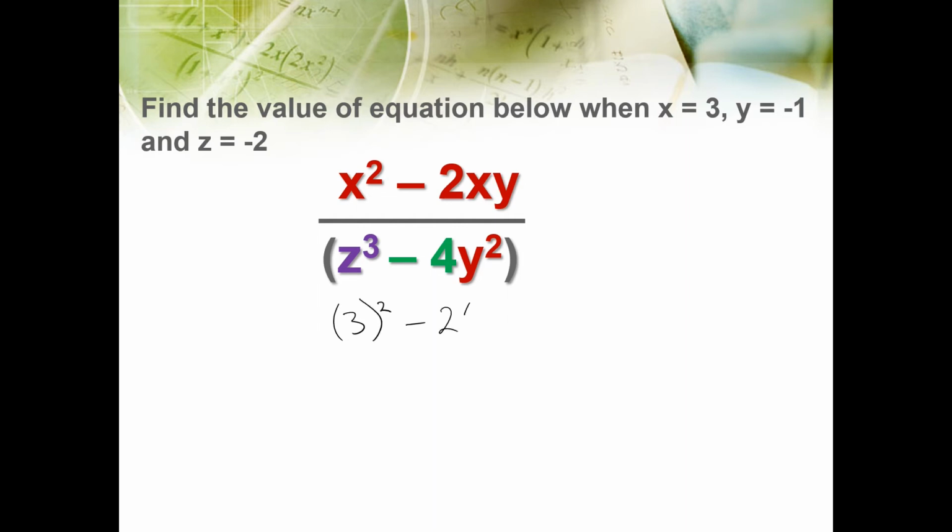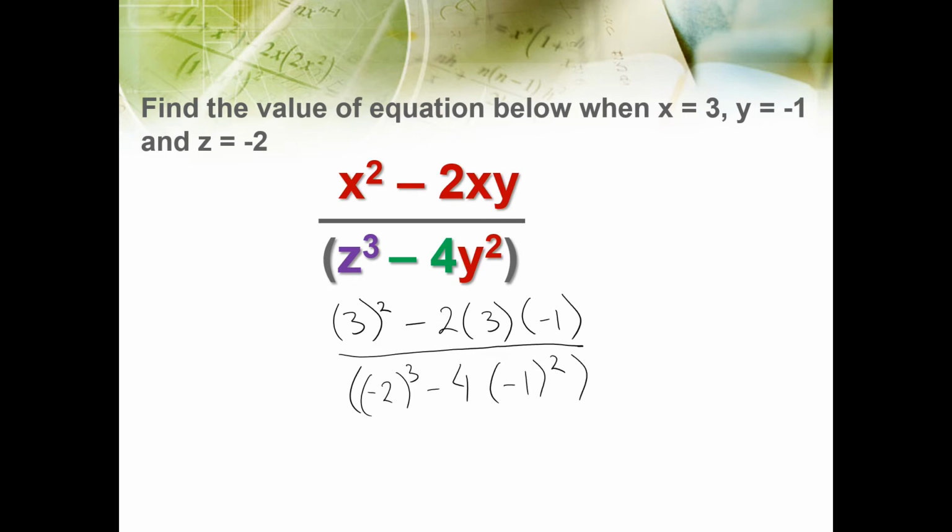And the other x into 3, and y with minus 1. And continue with z, minus 2 to the power of 3, 4, y, change y with minus 1 to the power of 2, like this.